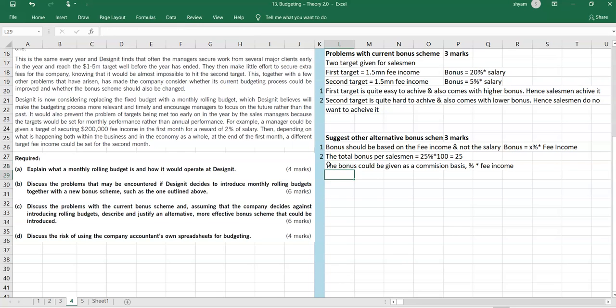The higher they achieve, the higher the fee income procured, higher will be the salary. Okay, sorry, will be the commission. So they can also do this rather than going for a kind of a bonus scheme. Okay, they could go for also a commission scheme. So that also might work well for them.